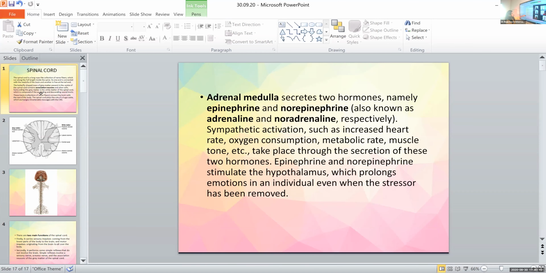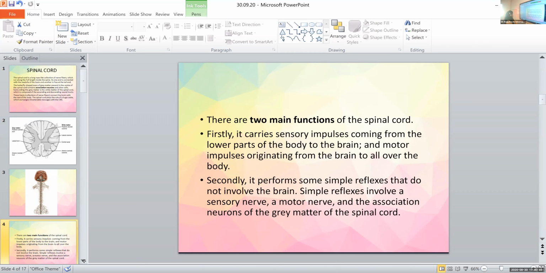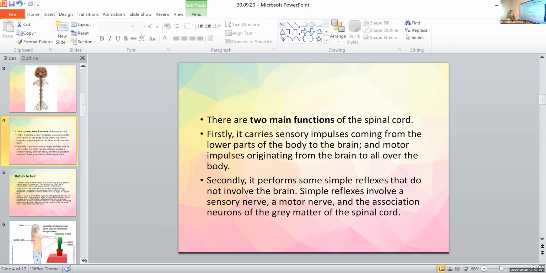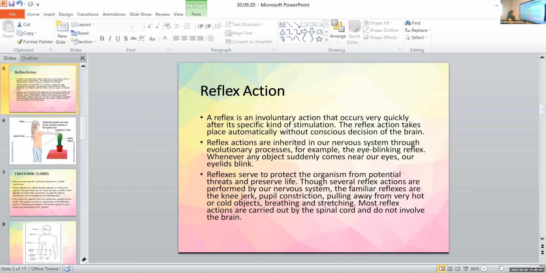So we'll just revise. Spinal cord: we talked about the rope-like structure, then the gray matter, white matter, and the cross section. Then we saw the two main functions, that is relaying information to and fro the brain, and also reflex action. We saw what reflex action is, the involuntary actions.